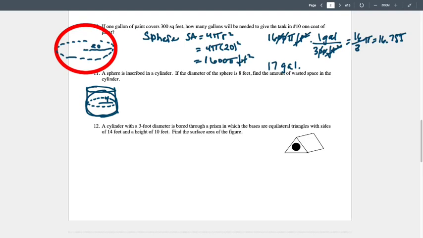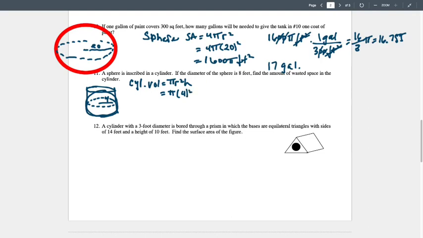Find the amount of wasted space in the cylinder. So we're going to do the cylinder's volume, which is the area of your base times your height, so pi r squared h. And then it's going to be pi times 4 squared.